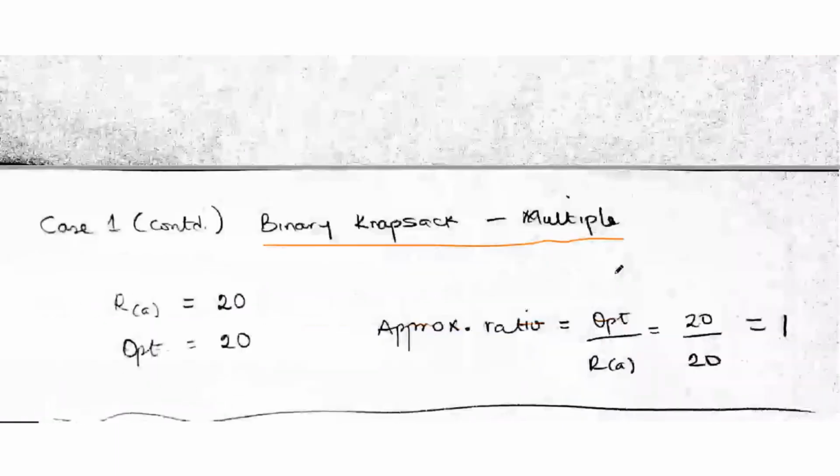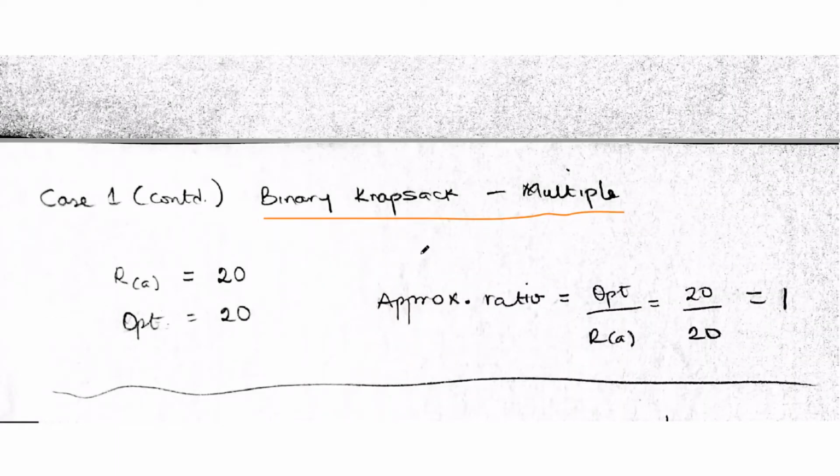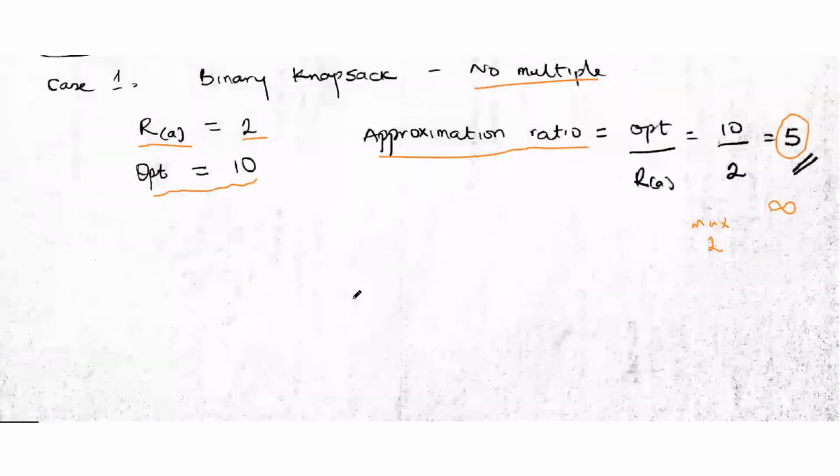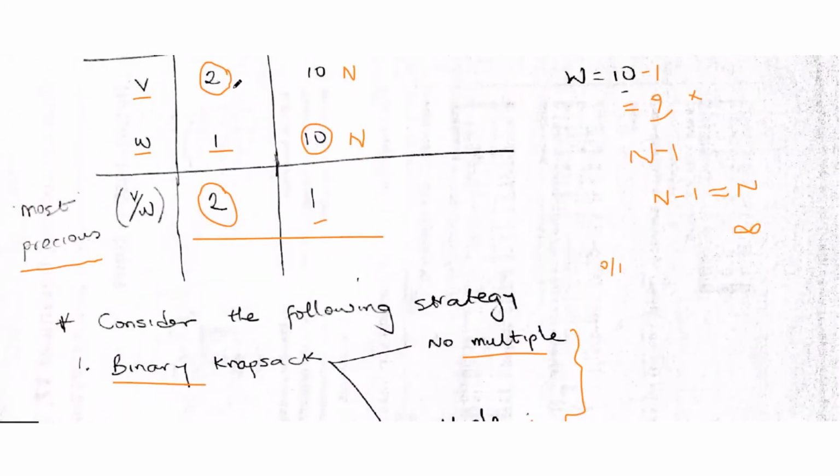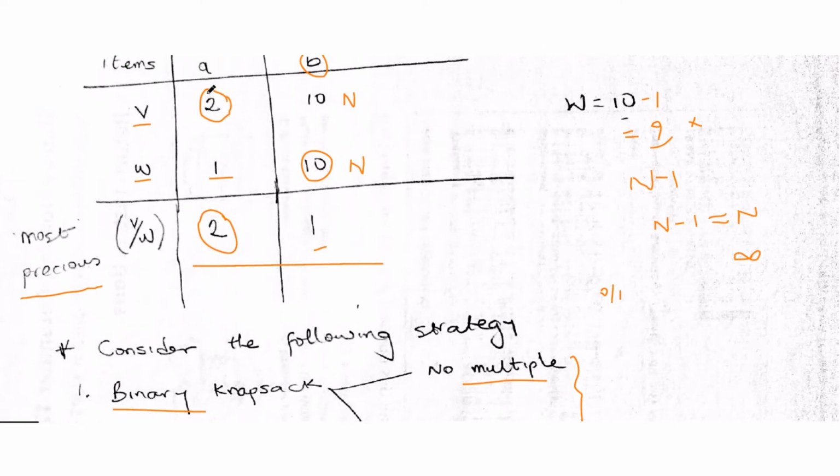Let's look at case 2 using the same instance. Here we can take multiple. Because we can take multiple, item A, if we take it the first time, gives us a value of 2, and we have weight 1 for it.